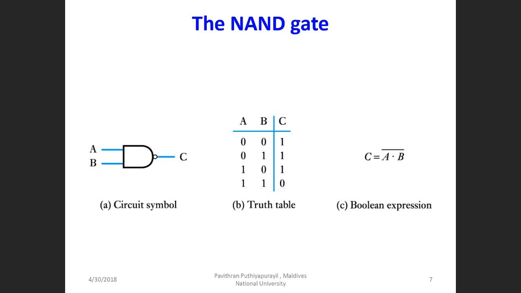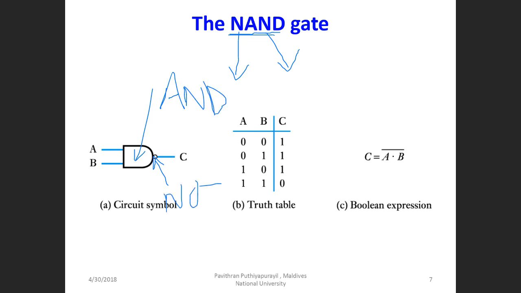Next is your NAND gate, sorry. NAND, this term you can see here. First N represents a NOT gate and the second represents an AND gate. So this is your AND gate and at the end there is a bubble. This represents a NOT gate. This is your AND gate and this is your NOT gate.